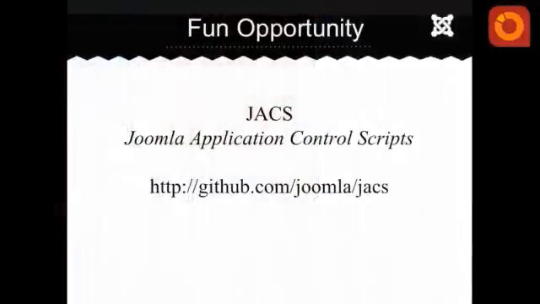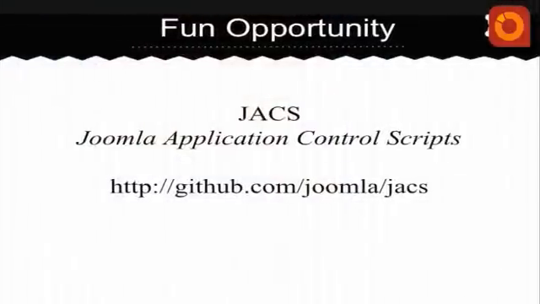One of the exciting things that we've done lately here, and I've had the opportunity to be involved with, is putting together what we're calling JACS. It's Joomla Application Control Scripts. And I've put the GitHub repository here so you can go and look at it. But it's extremely exciting because what we do is you have a local file that you would put on your machine, and then you have a list of servers.